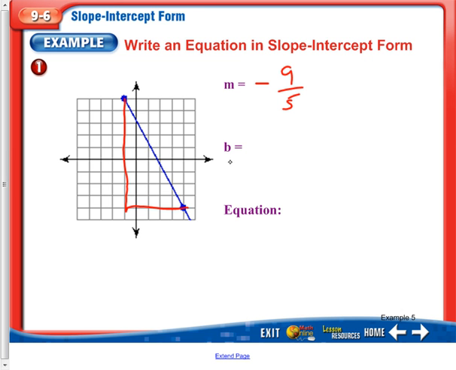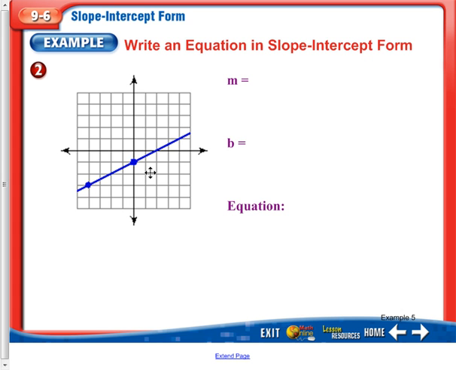Then b is crossing right here, at 1, 2, 3. So my equation is going to be y equals negative 9/5 x plus 3. Again, negative because it's going down 9, right 5, and it's starting with a positive 3.